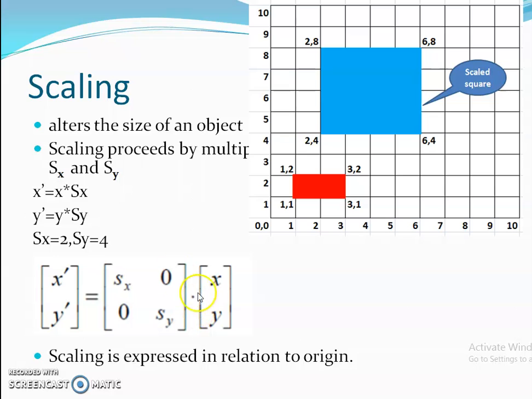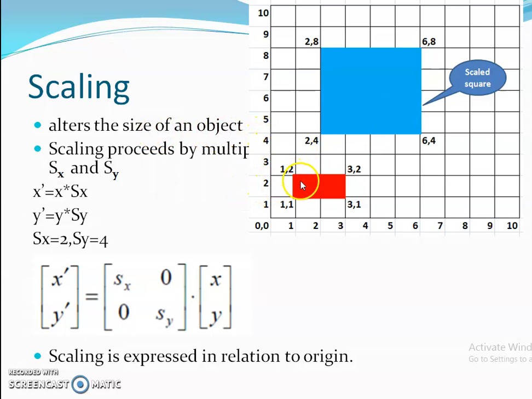In this matrix multiplication we get sx into x plus 0 into y, which by default gives the formula x into sx. This is the way we can get the formula. So scaling is used to alter the size of an object.